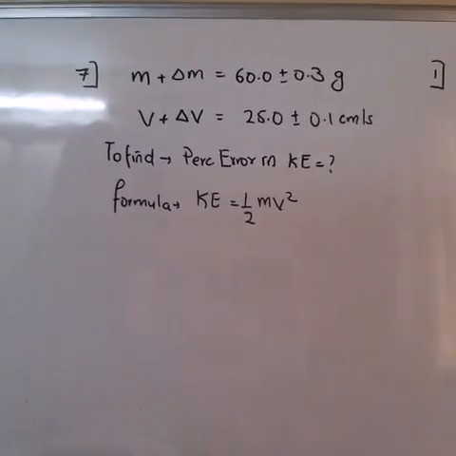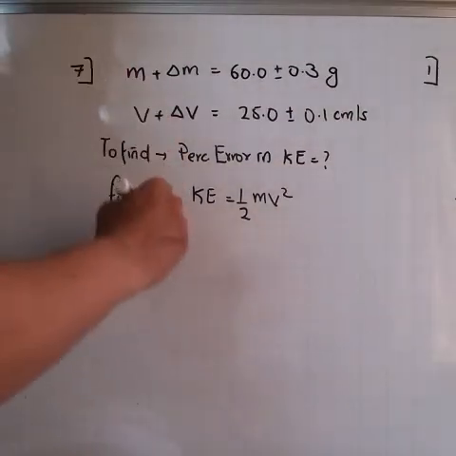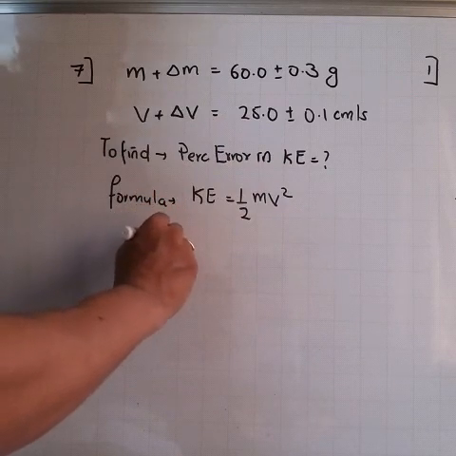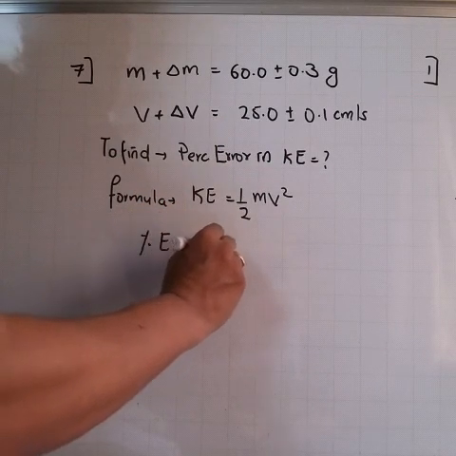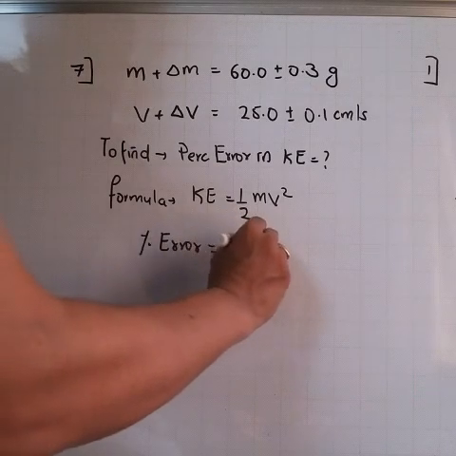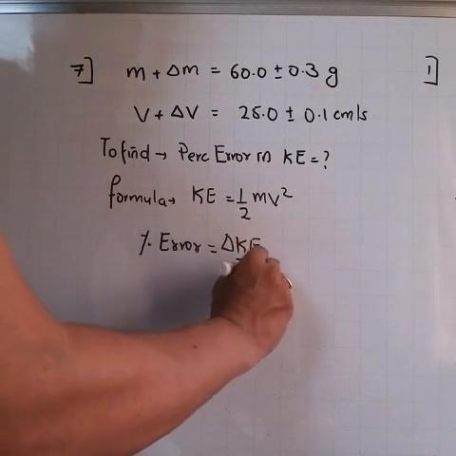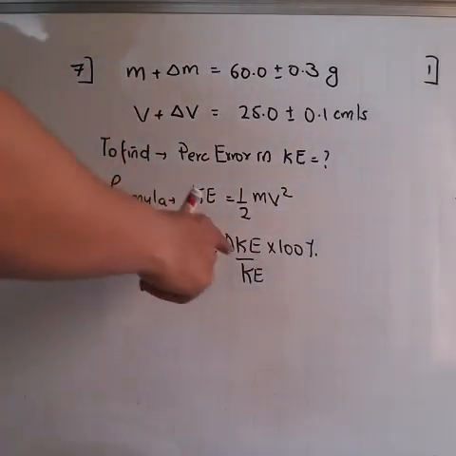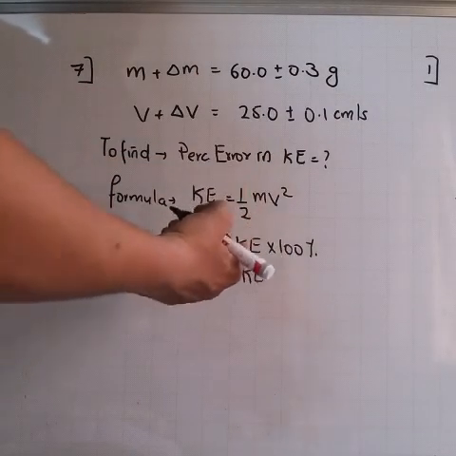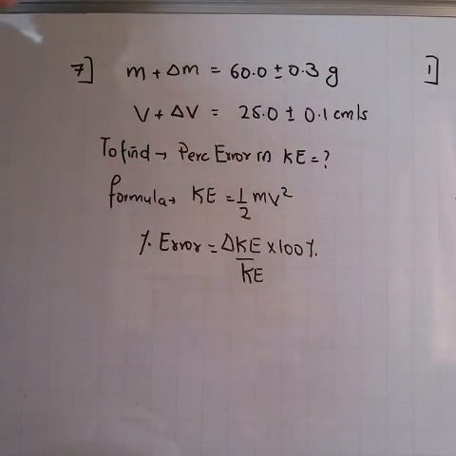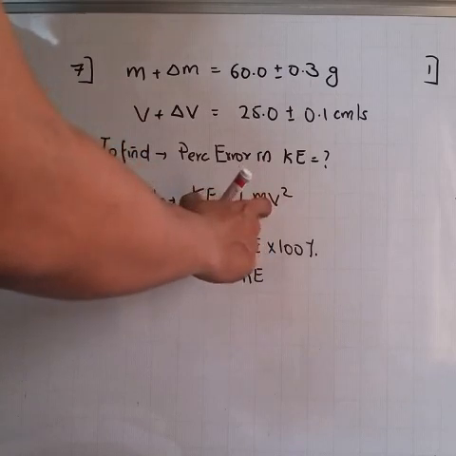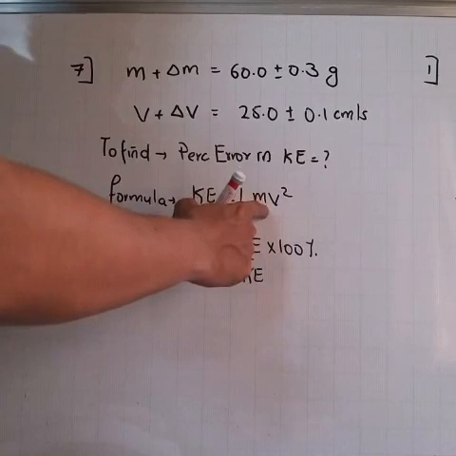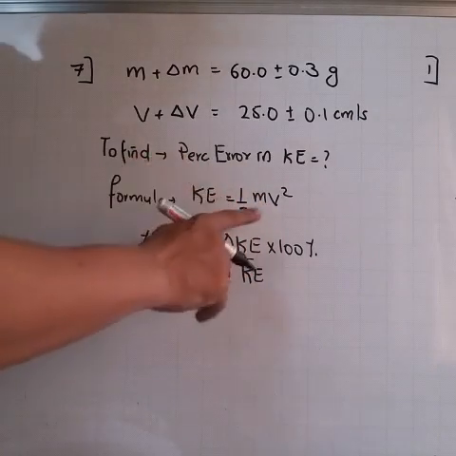Now in this case, if I want to find relative percentage error, it will be delta KE upon KE into 100%. Okay, the delta K is the error and K is the actual value. When you write this in terms of relative error, how we write this? Here half will not come.